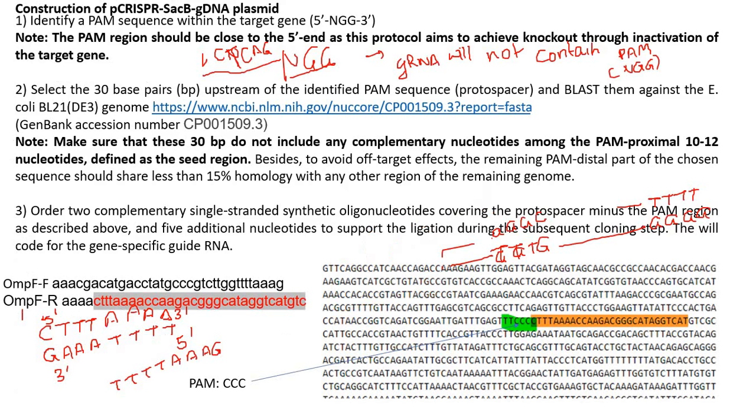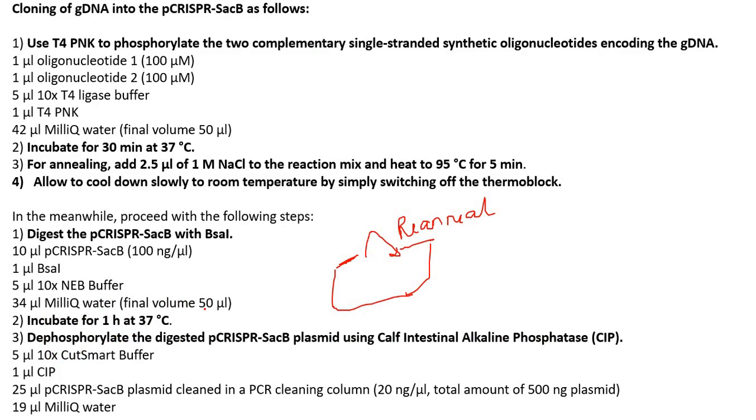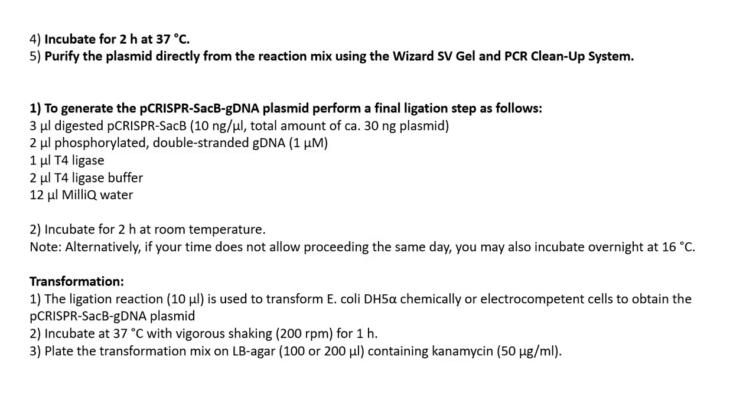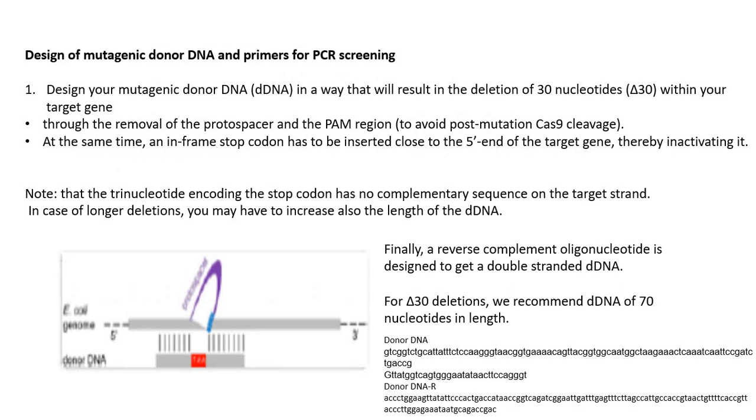First, you order the two primers, anneal them, digest the pCRISPR-SEC plasmid with BsaI, and then ligate it with this gDNA. Once you are done, you do the transformation just to be sure that everything is perfect. And then you are ready for your mutagenesis.